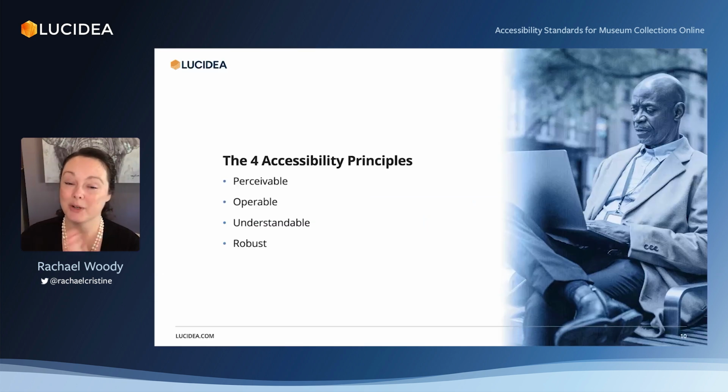All right, so we're going to dive in, and the four principles that sort of house the different facets of accessibility are perceivable. Is it something that we can perceive? In this case, information, context, relationships of collections online. Is it operable?